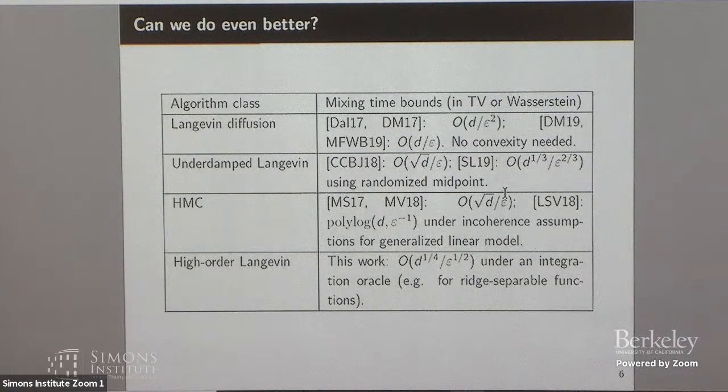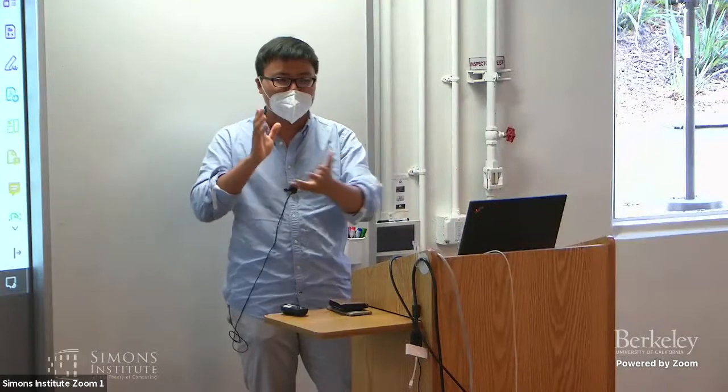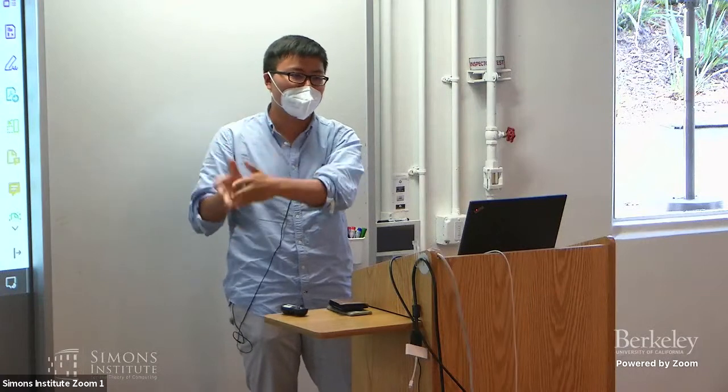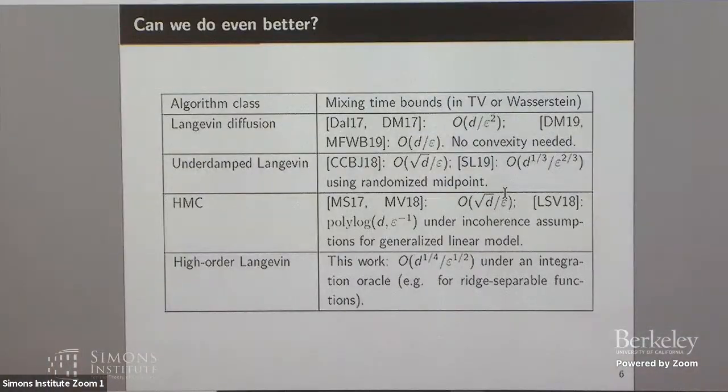By incoherent, basically it means that the inner product between two data points is bounded by a constant. So basically, the data are pointing in very different directions. If you have two data points that are very close, then this assumption breaks down. So as you see, although this work gets improvement in certain regimes, this assumption is generally very strong.